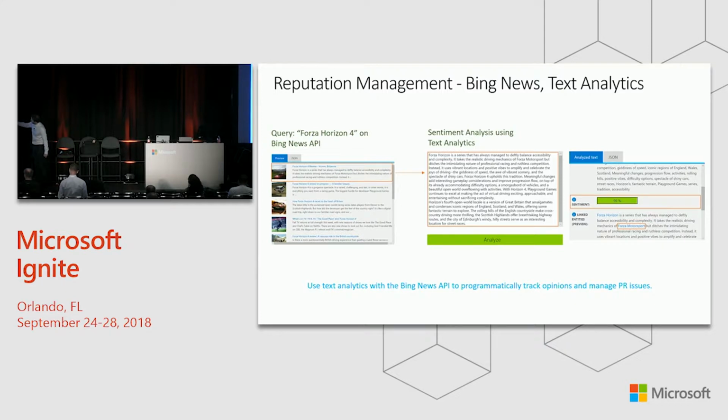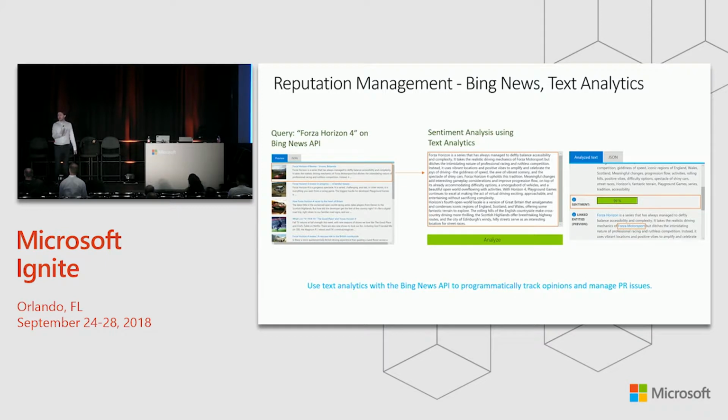So if I put in the query for Forza Horizon 4, I can take the output of that news item, and I can tie it into our text analytics, and I can see that, oh, this review that we had on one of the game websites has a super, super positive sentiment. I'm feeling really great about that. What are the ones I'm really looking for, though?